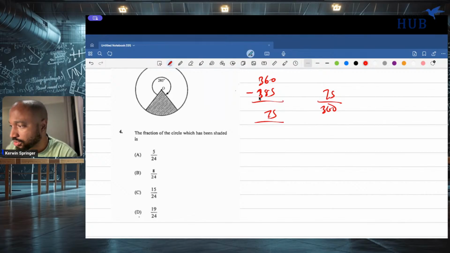Oh, sorry, minus 285, yeah, that should be a 285 there. So I'm going to make sure I do this subtraction properly. 285 is still 75. 75 out of 360. My bad, I wrote 3 instead of the 2. I'll focus on the right thing now.